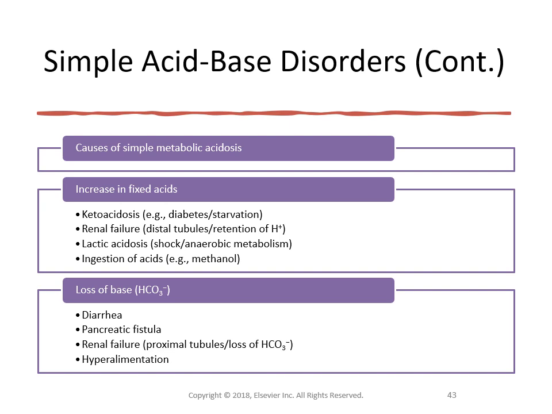Common causes of these two types of metabolic acidosis include the following: an increase in fixed acid, as in ketoacidosis, like in diabetes or starvation, renal failures in the distal tubules and retention of hydrogen ion, lactic acidosis like in shock or anaerobic metabolism, ingestion of acid like in methanol, or loss of bicarb like in diarrhea, pancreatic fistula, renal failure in the proximal tubules, so you lose bicarb, or in hyperalimentation.